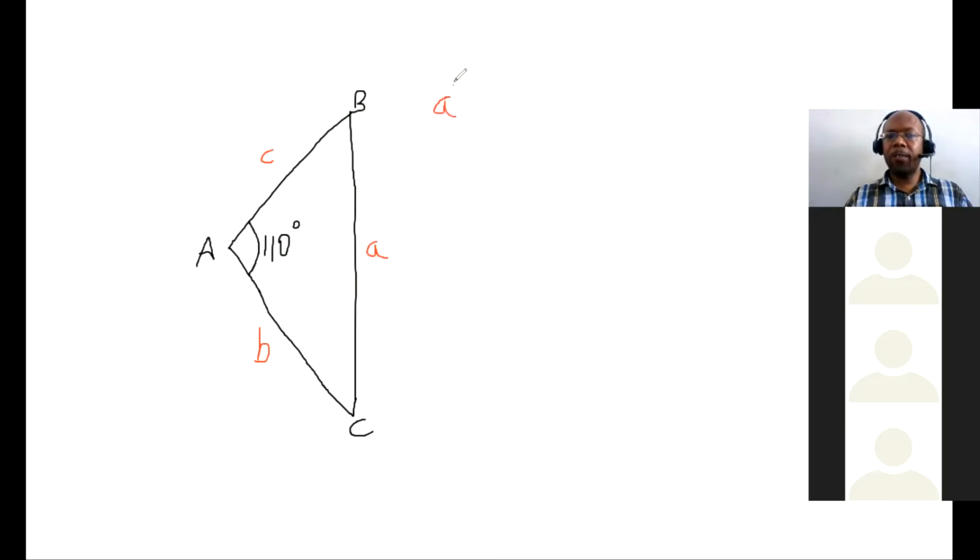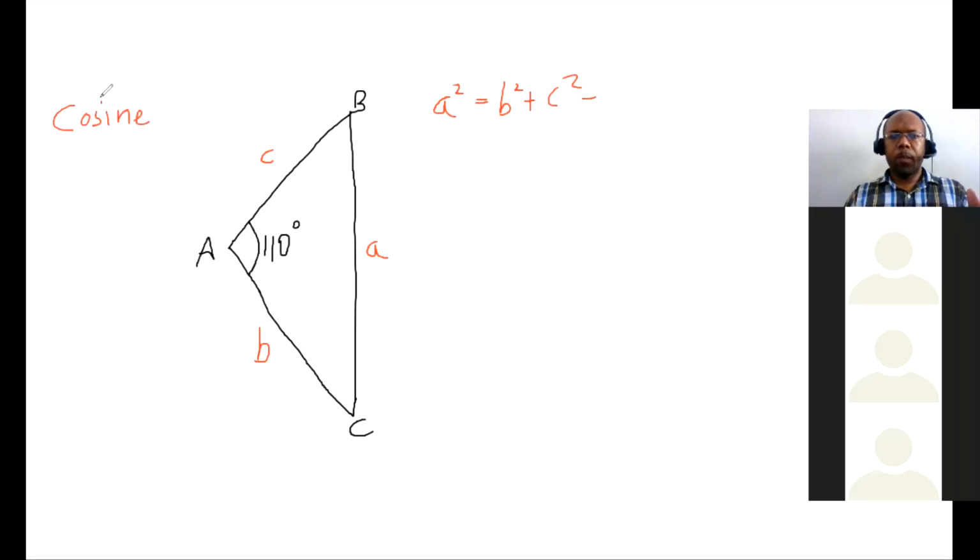Then you'll start out with a squared equals b squared plus c squared. The only interesting part about this formula is that it'll include some trigonometry. We know about sine, cosine and tangent, but this thing is called the cosine rule.